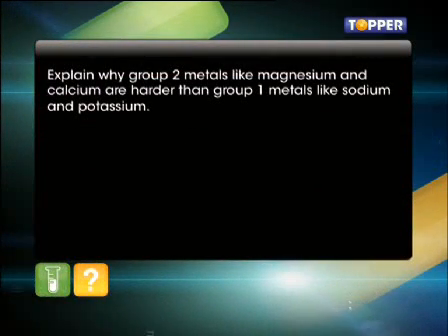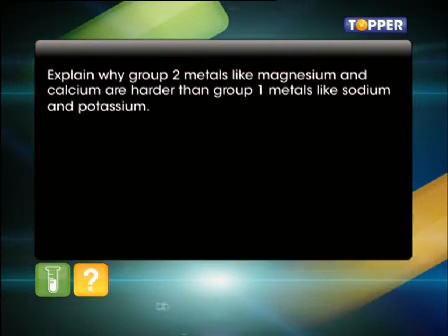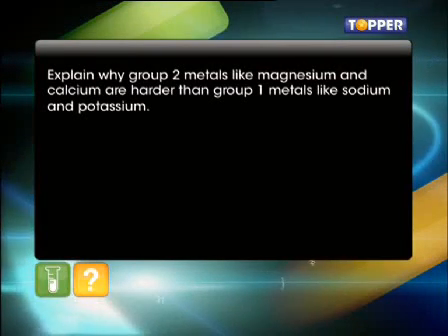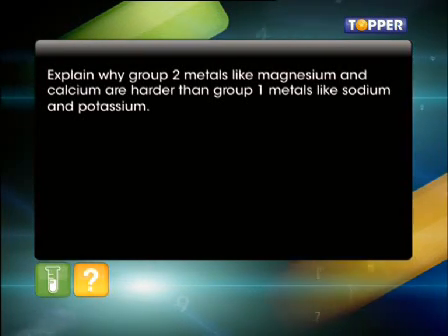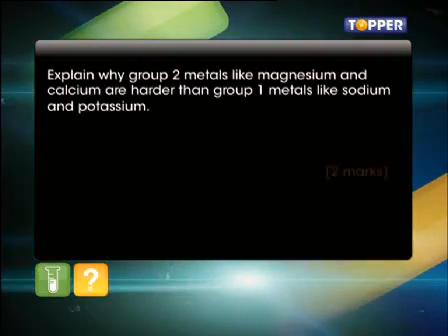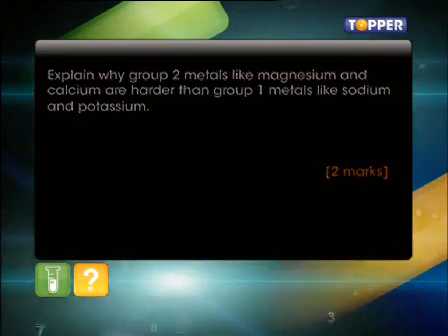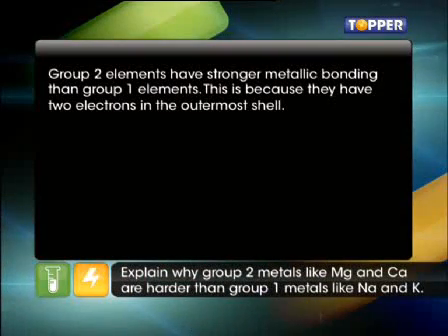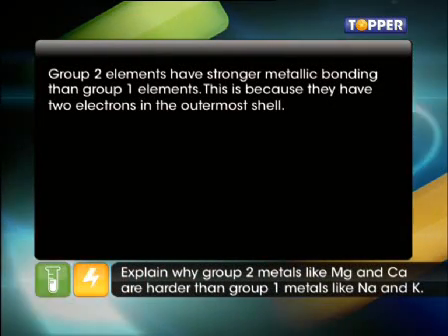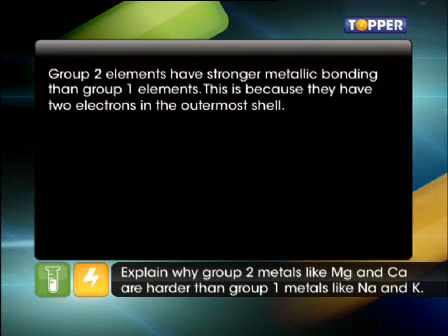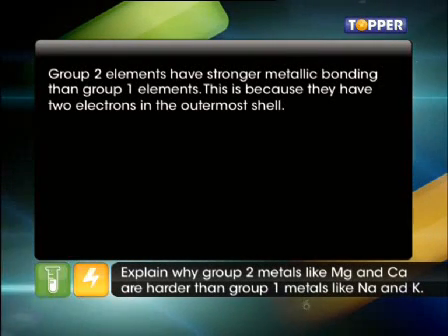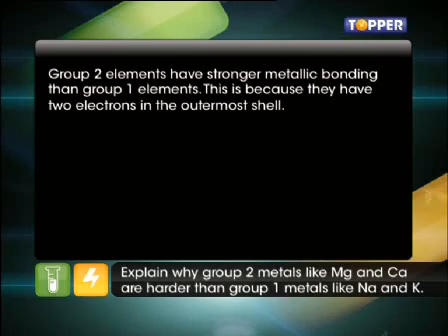Explain why group 2 metals like magnesium and calcium are harder than group 1 metals like sodium and potassium. This question is for 2 marks. Here is the answer. Group 2 elements have stronger metallic bonding than group 1 elements. This is because they have 2 electrons in the outermost shell.